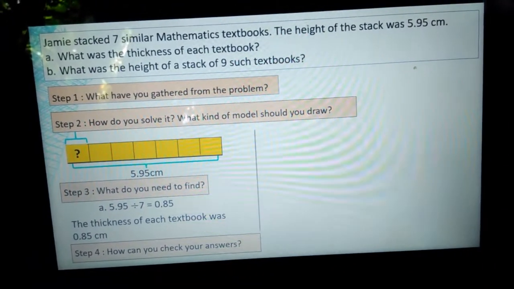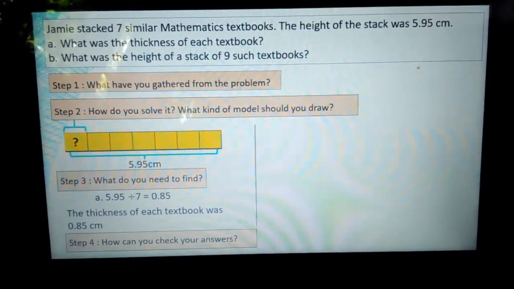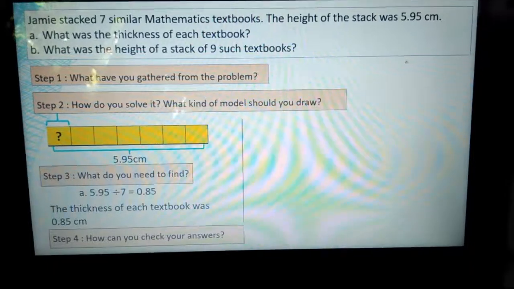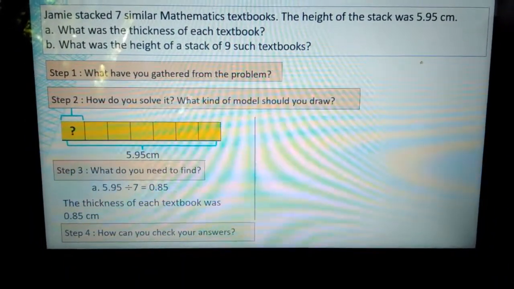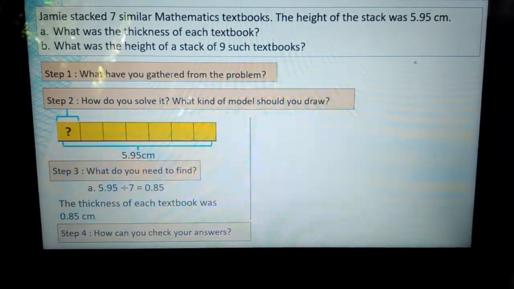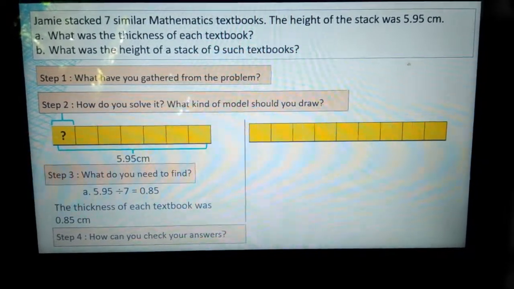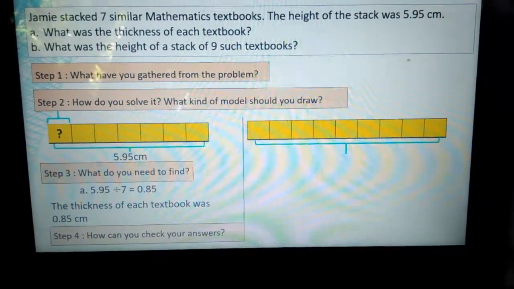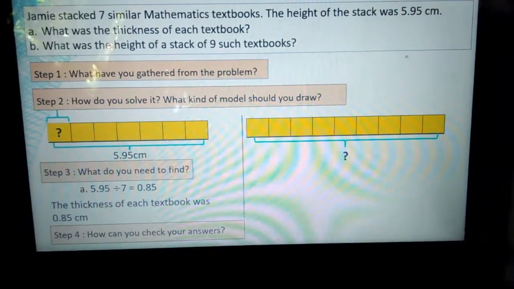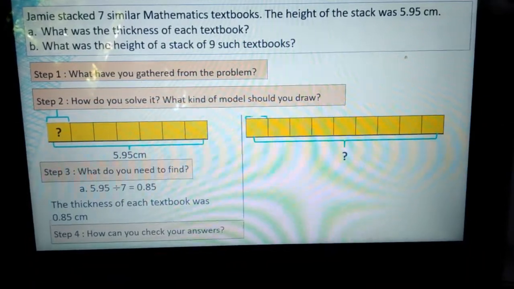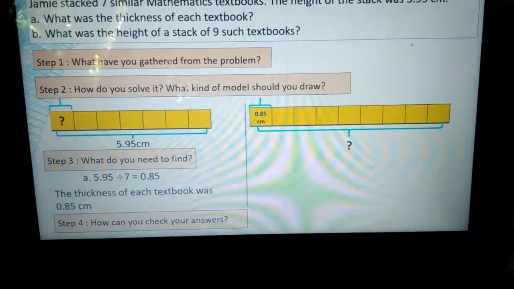Now we are going to question B. What was the height of a stack of 9 such textbooks? We are going to step 2. How do you solve it? We draw the model first. There are 9 parts, and we are looking for the height of a stack of 9 such textbooks. 1 part equals 0.85 centimeter.